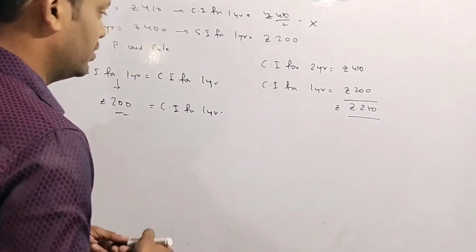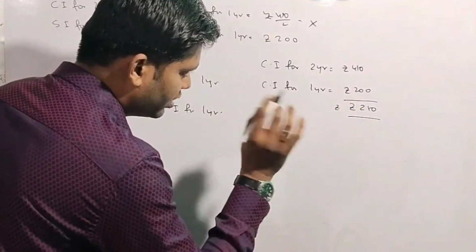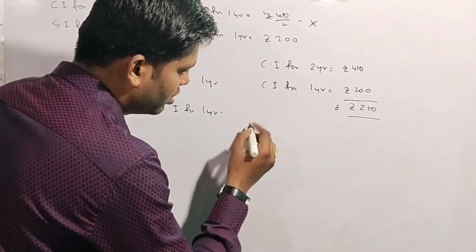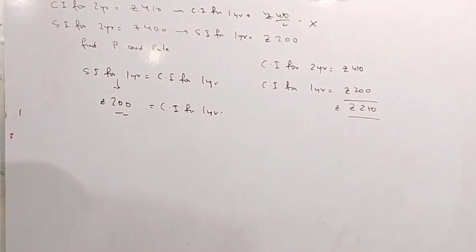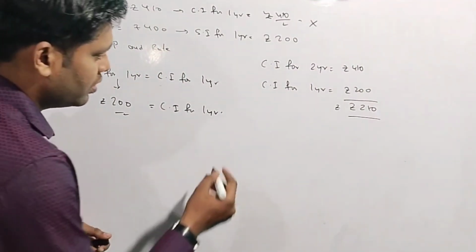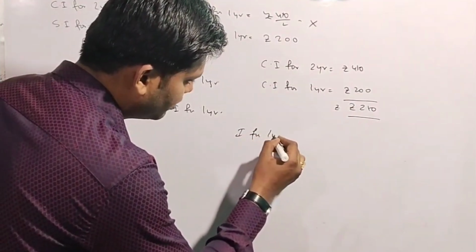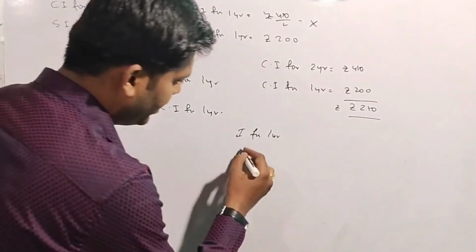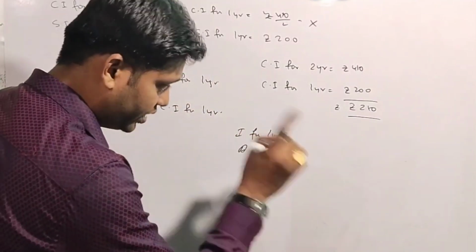Now you understand one thing. The process of compound interest is: first you take out the interest for the first year, then the amount for 1 year.